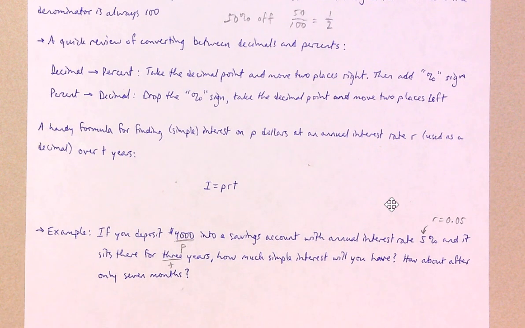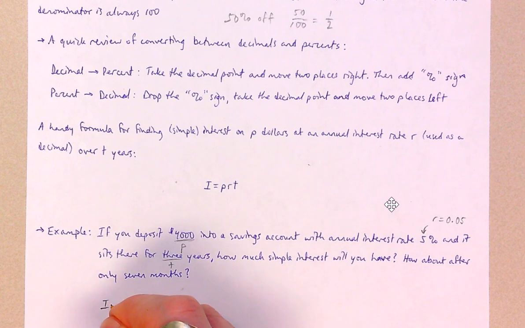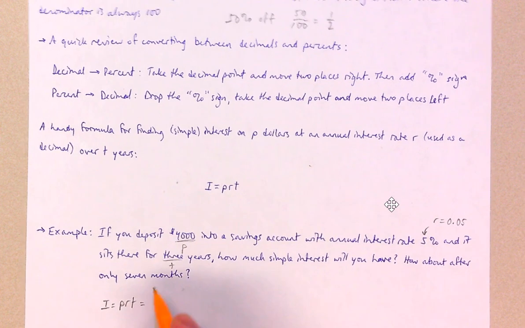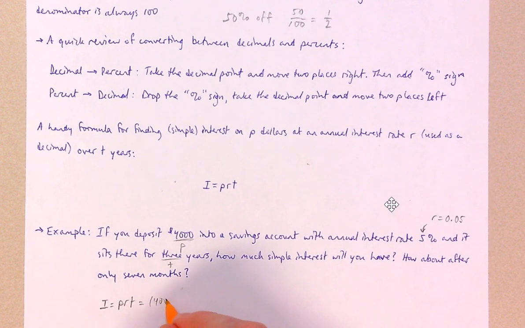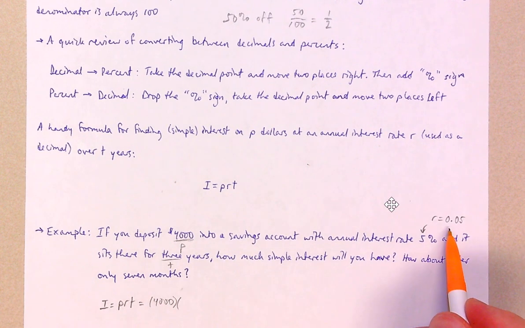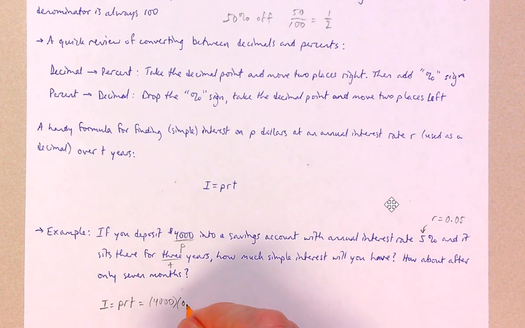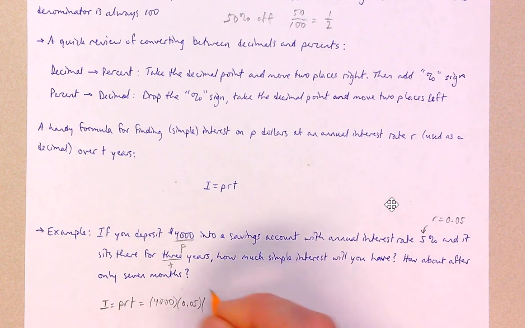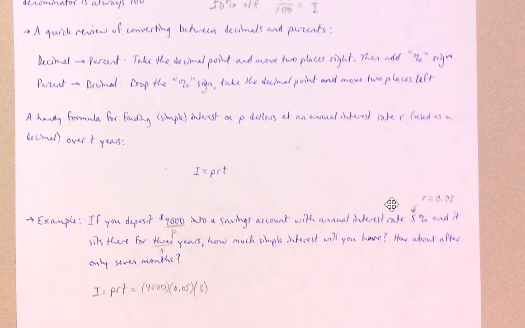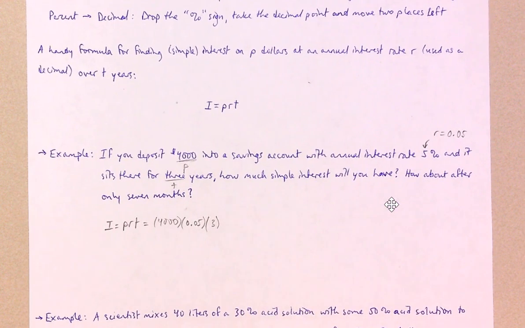So the simple interest I'm going to have in this case, my P value of 4,000 times my R value, again used as a decimal, times my T value, times 3 in this case. So all we have to do is multiply these numbers.